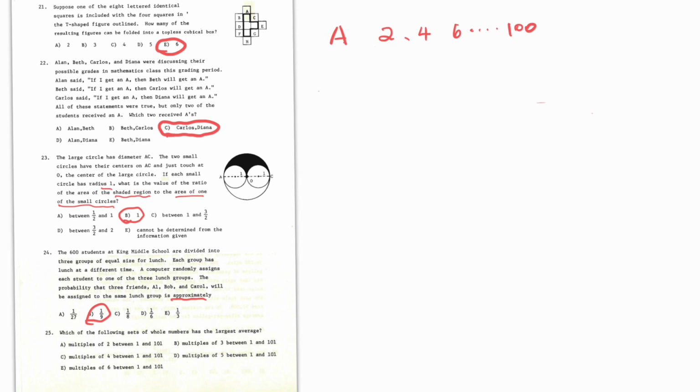We know this is an arithmetic sequence. The average of an arithmetic sequence equals the first number plus the last number, divided by 2. For A, the first number is 2 and the last number is 100.